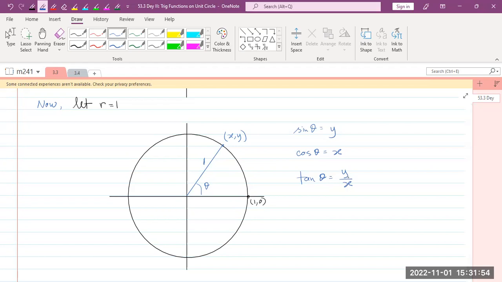Now, the third definition says the following. Suppose we have a unit circle instead.